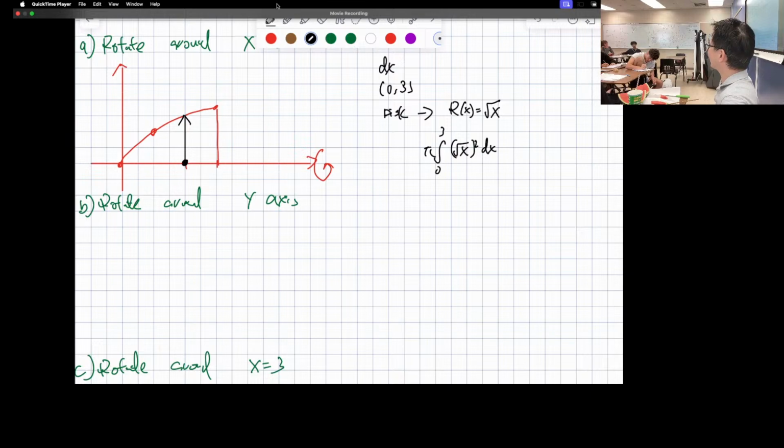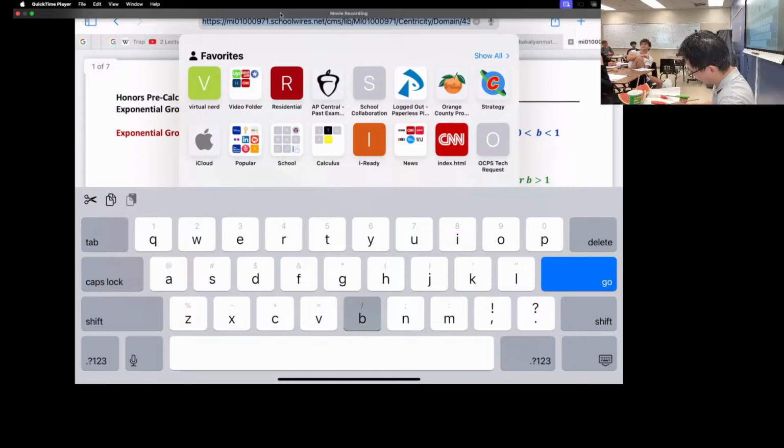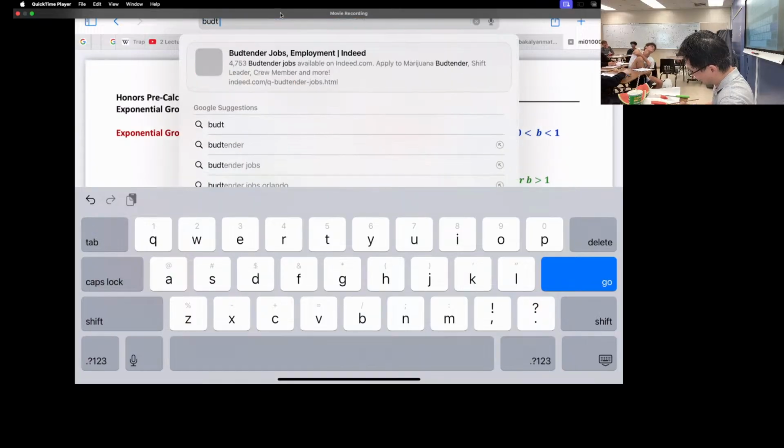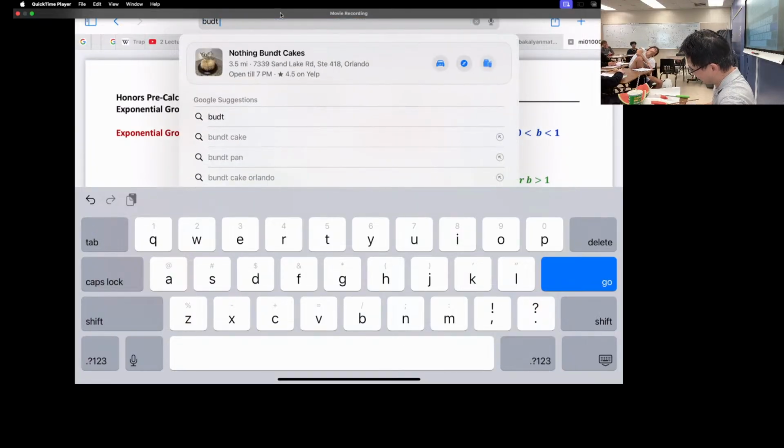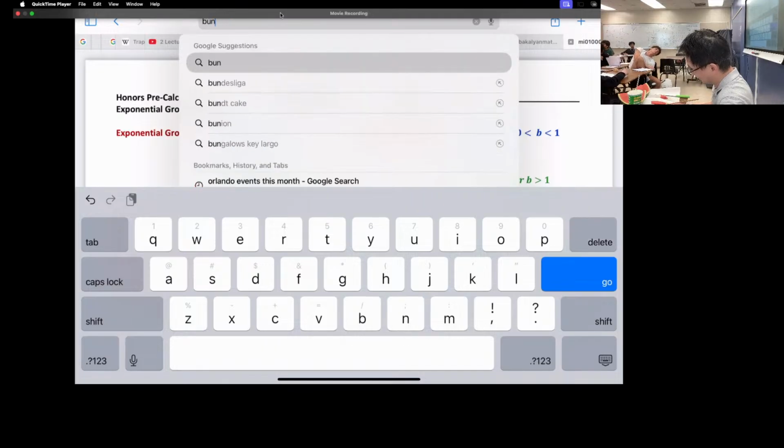Think of a cake. A bun cake? A bun cake. It's kind of like the opposite. What the hell is a bun? A bun cake. Okay, how do you spell bun cake? B-U-N-D-T cake. Milling bun cakes are really good. Right? They're good.